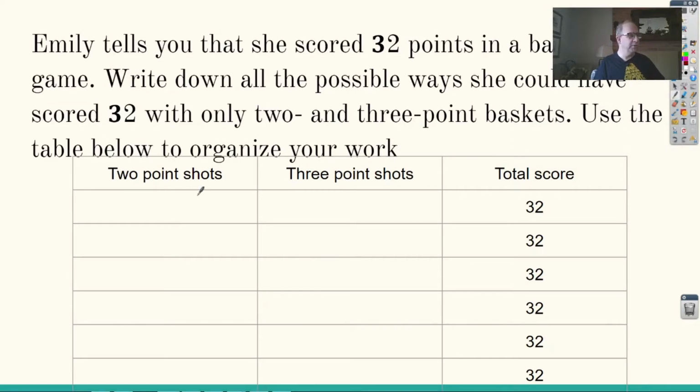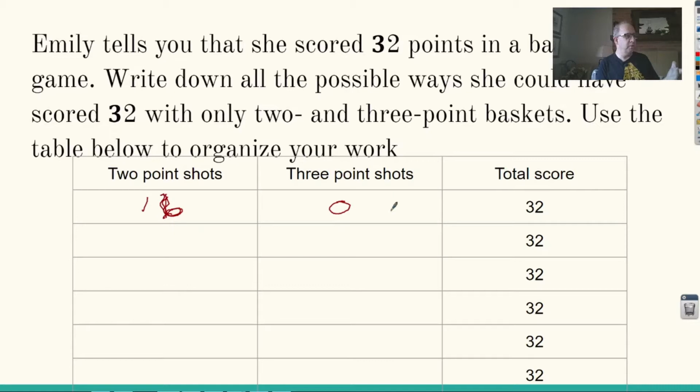So to figure this out, let's start with 2-point shots, right? If she scored 32 points in 2-point shots, that would be 16 2-point shots, right? 16 times 2 is 32. And so she made 0 3-point shots. If she made 15 shots, that would be 30 points.